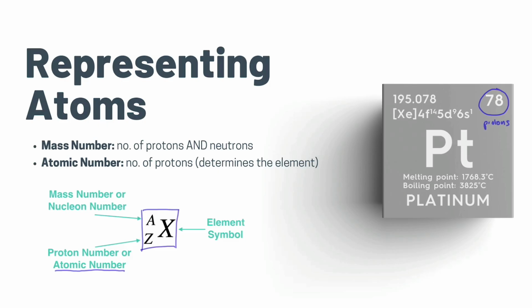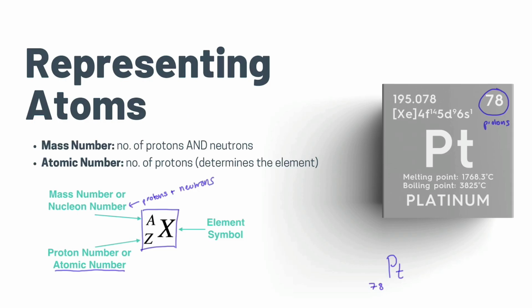So if we wanted to write platinum the way that physicists do, we'd write the element symbol here instead of X. Then we'd write the number of protons in the bottom left. The top left is our mass number, and the mass number is the number of protons and the number of neutrons added together.